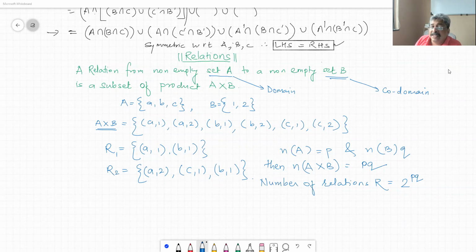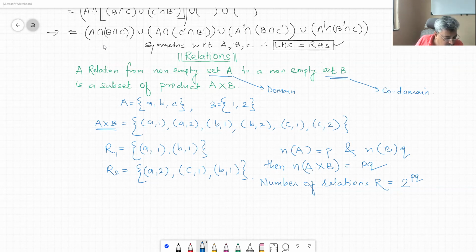So that relation is going to be a little different than functions. Functions we have already seen the definition many times. We will write it again after some time. But relation is any subset of A cross B. Okay.